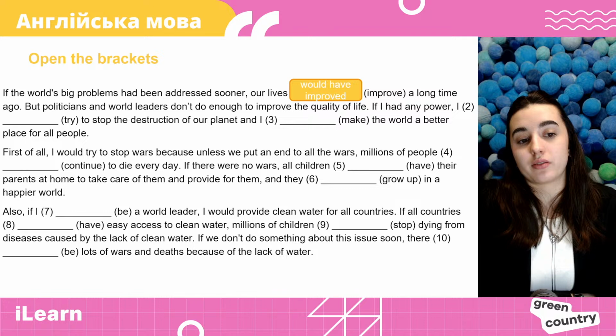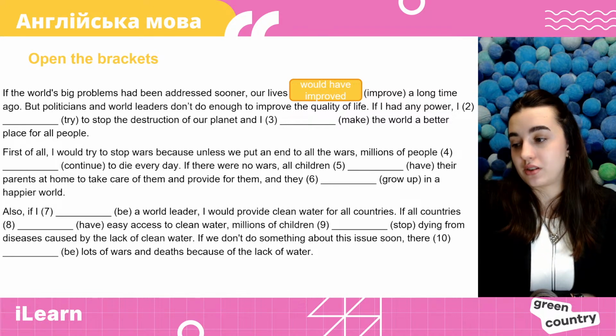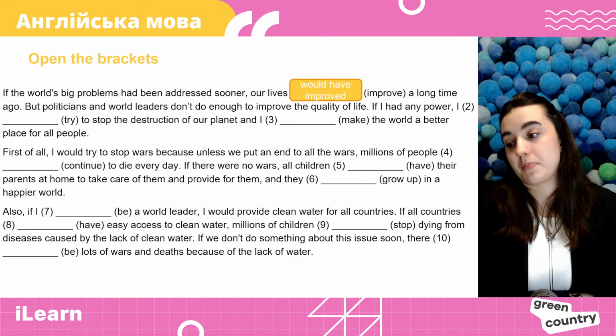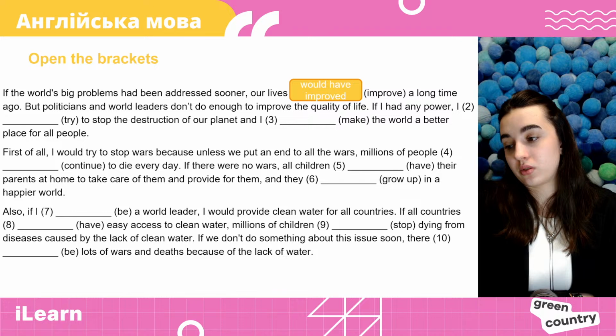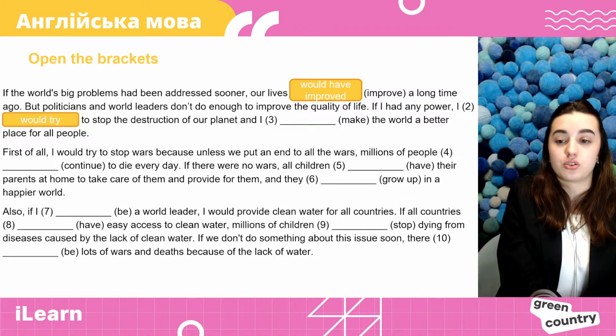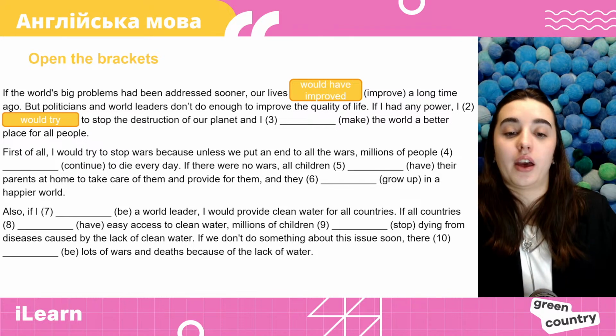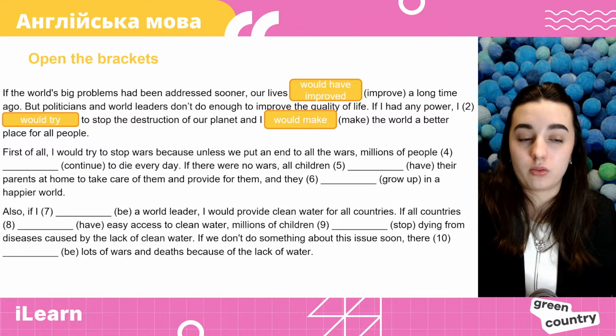Pay attention, we have if I had any power, just past simple. So if we have just past simple, it means we need to use would try and would make.